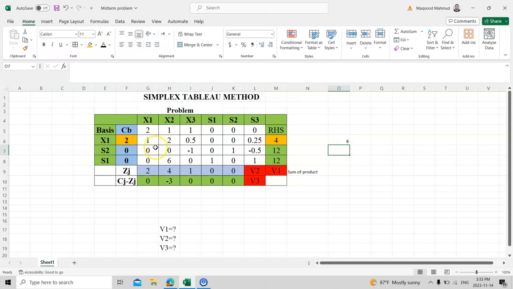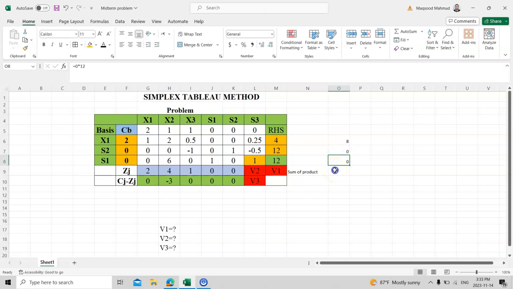Then I pick this element and multiply by this element, which is 0 multiplied by 12. Then I pick this element and multiply with this element, which is again 0 multiplied by 12. So I have all the products.